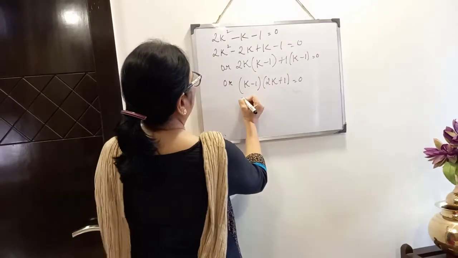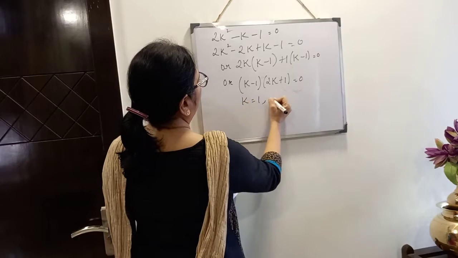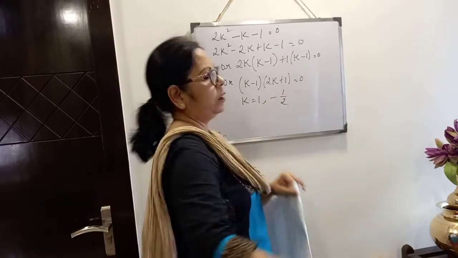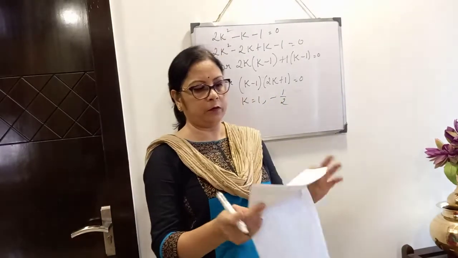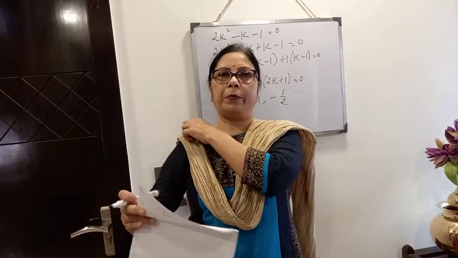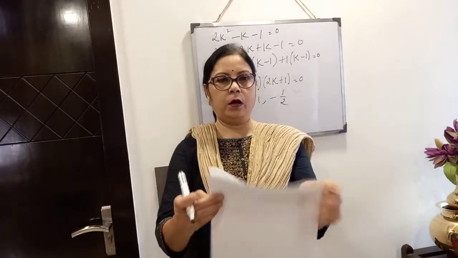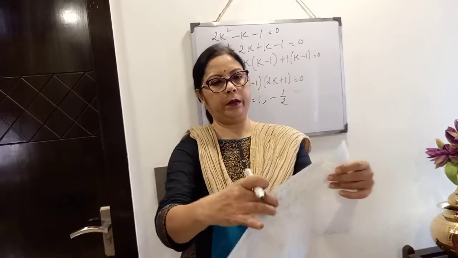So the values of k are coming 1 or minus half. So when it is told that roots are real and equal, you will apply b square minus 4ac equal to 0.